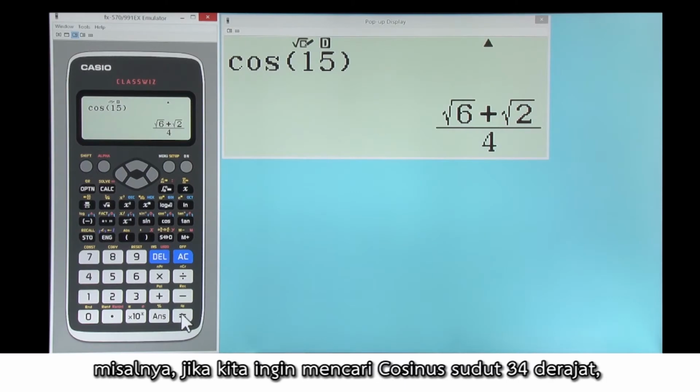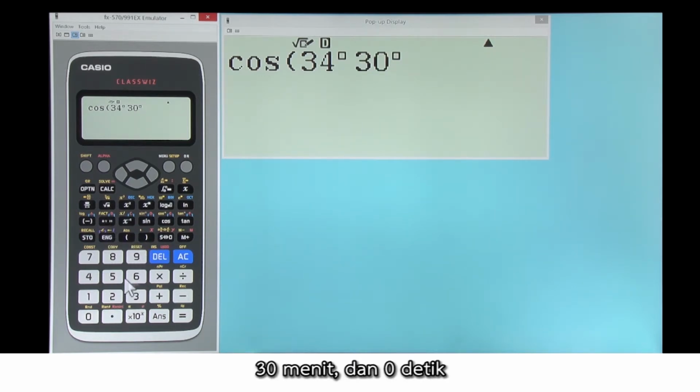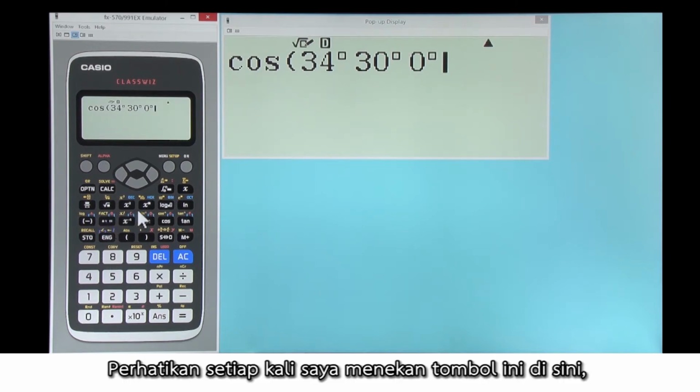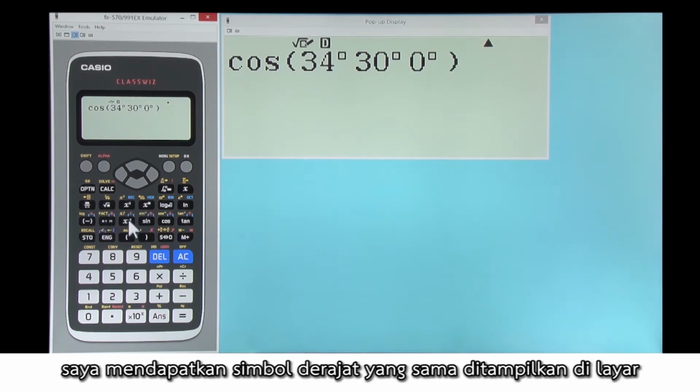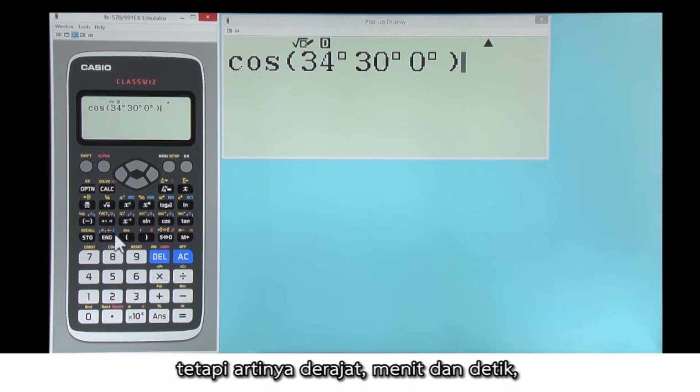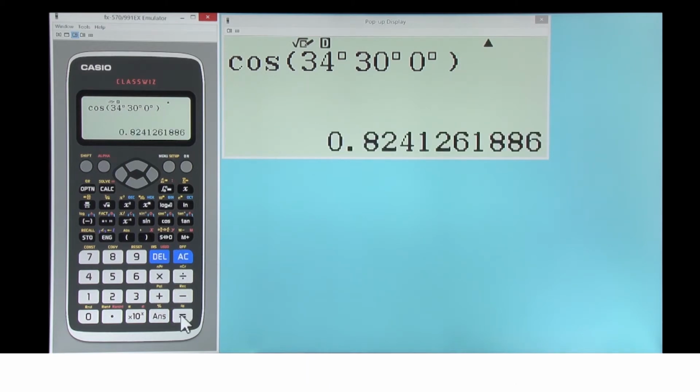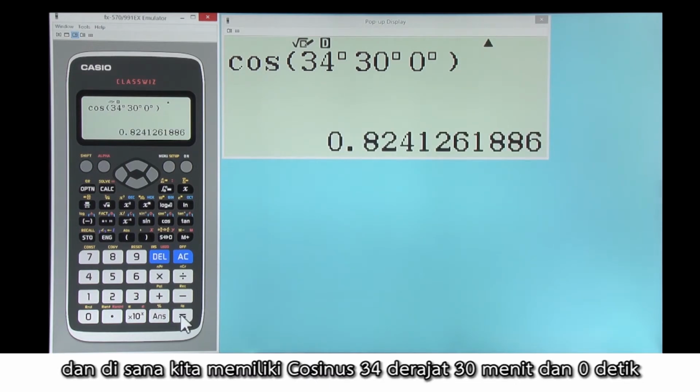So for example, if we wanted to find the cosine of the angle 34 degrees and 30 minutes and no seconds, notice every time I'm tapping this key here, I'm getting the same degree symbol showing on the screen, but it means degrees and minutes and seconds. And there we have the cosine of 34 degrees, 30 minutes and 0 seconds.